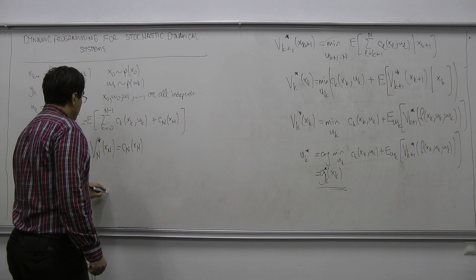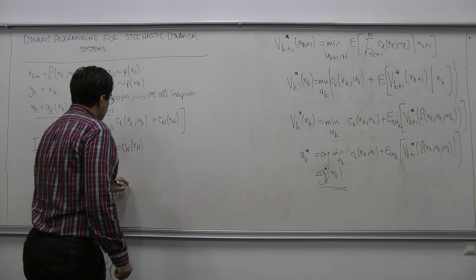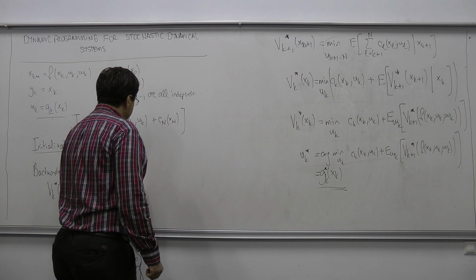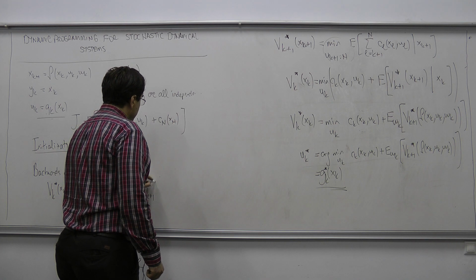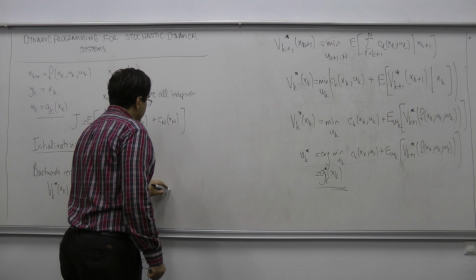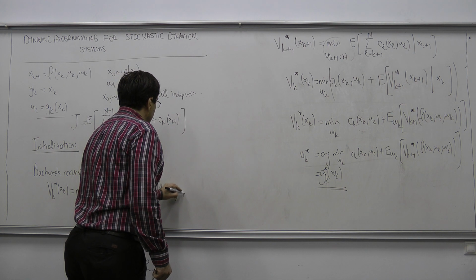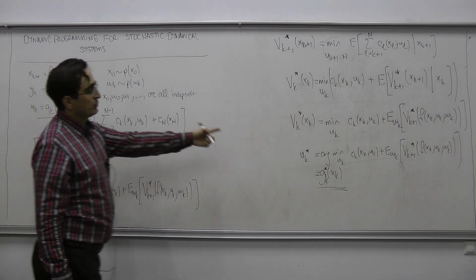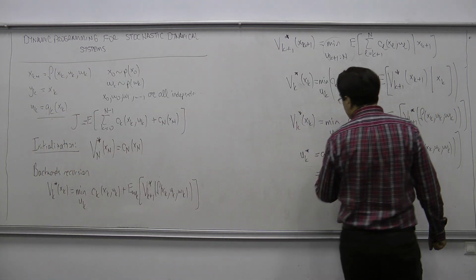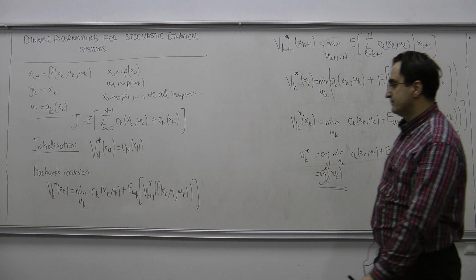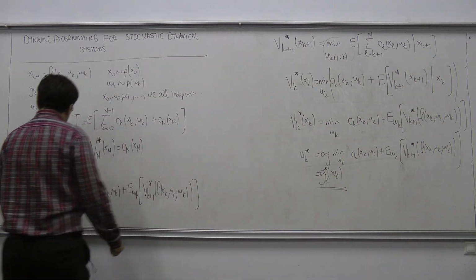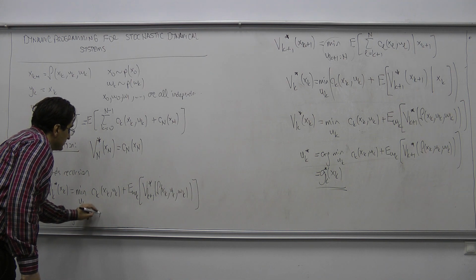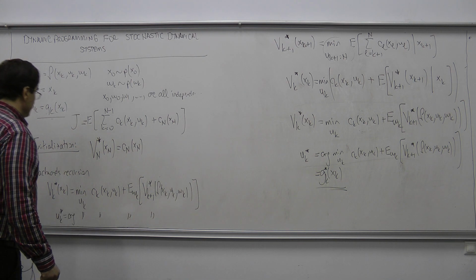So I have ck of xk, uk plus the expected value with respect to wk of vk plus 1 star of f of xk, uk, wk. And the input is set as the argument of this minimization. So uk star is the argument of this minimization.